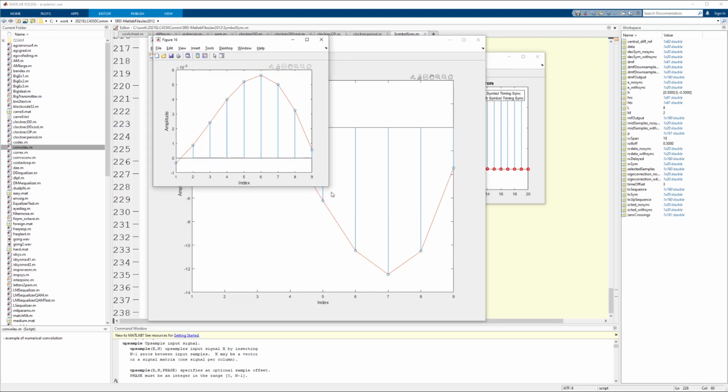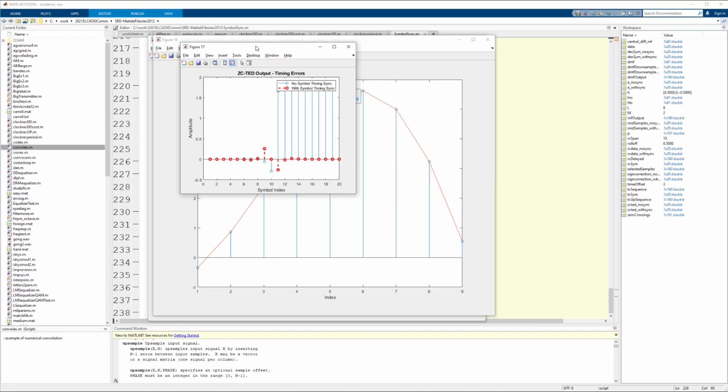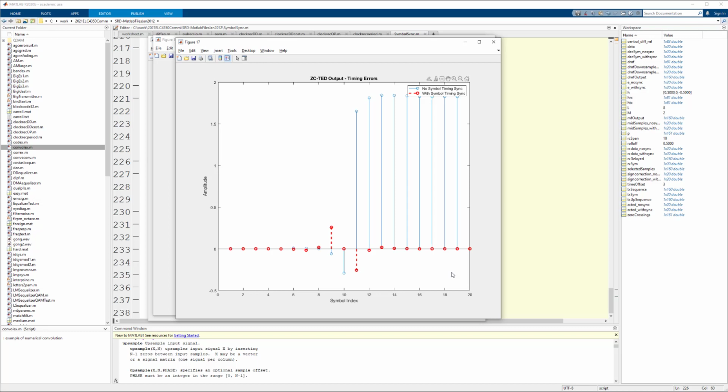Figure 16 is another single span of 9 samples. The middle point here is a positive value. It is not zero crossing, so there is no perfect timing yet. If I have the timing synced, figure 17 is a comparison of those two cases.